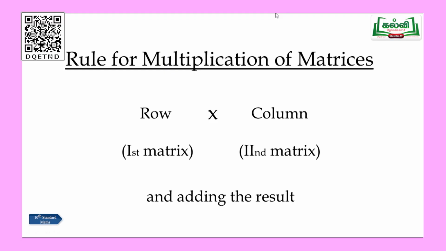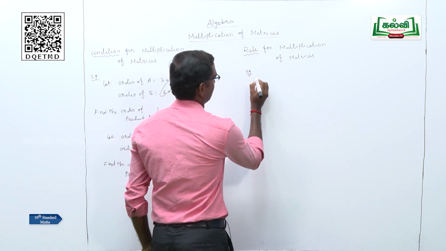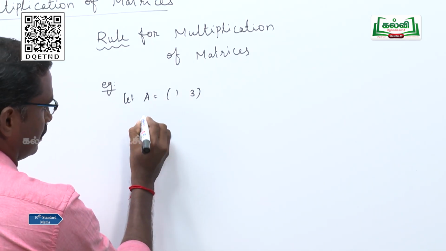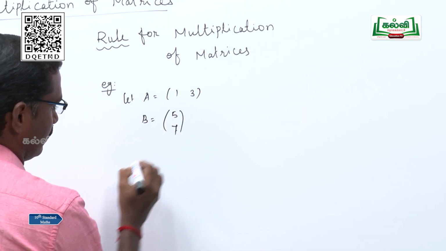Next, the rule for multiplication of matrices: row by column. Each row in the first matrix is multiplied by a column in the second matrix. After multiplication, we add the results. For example, let A equal [1, 3] and B equal [5, 7].